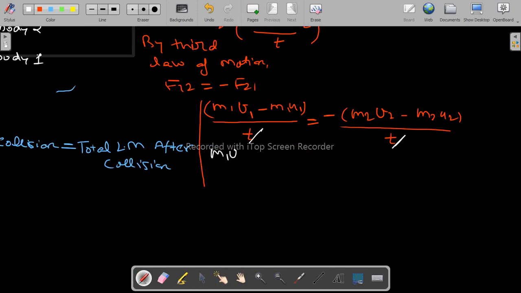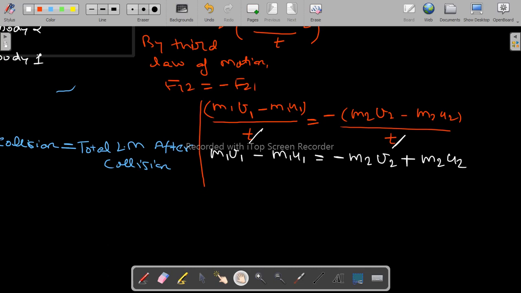Open the bracket, this is m1 v1 and minus m1 u1, and when you open the bracket, this is minus m2 v2, and minus times minus is plus m2 u2. Now what are we going to do here?